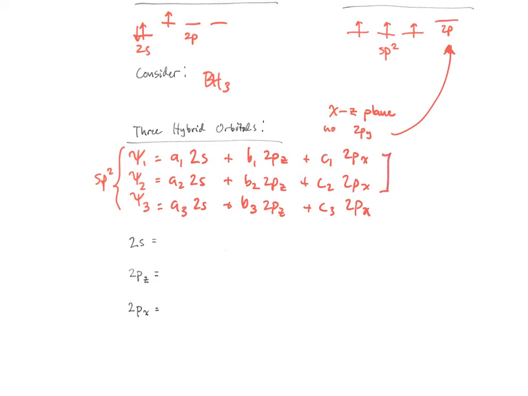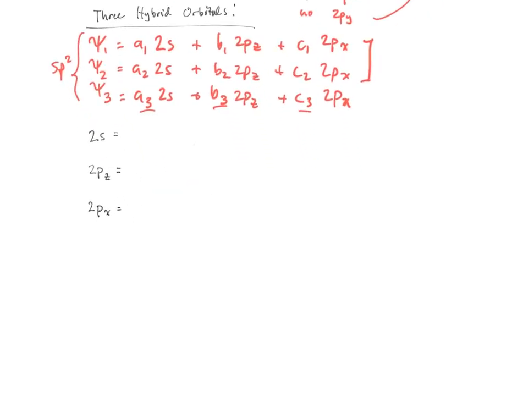I'm only going to focus on these two for this particular video, though if you wanted to, you could try to calculate the coefficients for this third one, but I'm just going to get the coefficients for the first two right there.